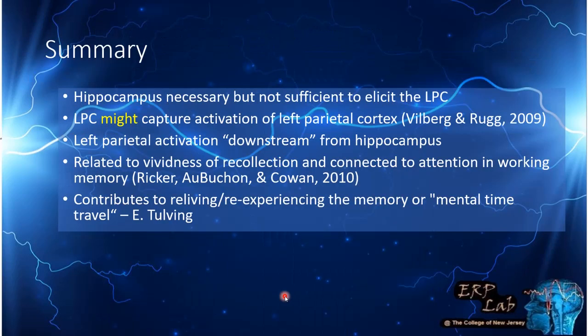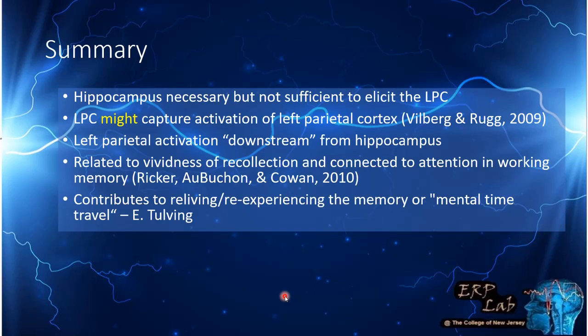So to give a little bit of a summary here, the hippocampus is necessary, but it's not sufficient to elicit the LPC. The LPC might capture activation of the left parietal cortex, and you can look at that Vilberg and Rugg study for some evidence of that, as well as the Ali et al. study that found patients with damage to the parietal cortex did not have the LPC.